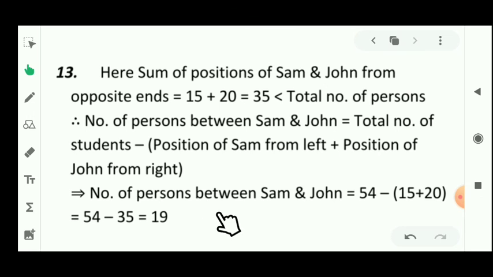That means the number of persons between Sam and John will be 54 minus 15 plus 20, where 54 was the total students, 15 was the position of Sam and 20 was the position of John. After solving it, its value will be 19. So the total number of persons between Sam and John will be 19.